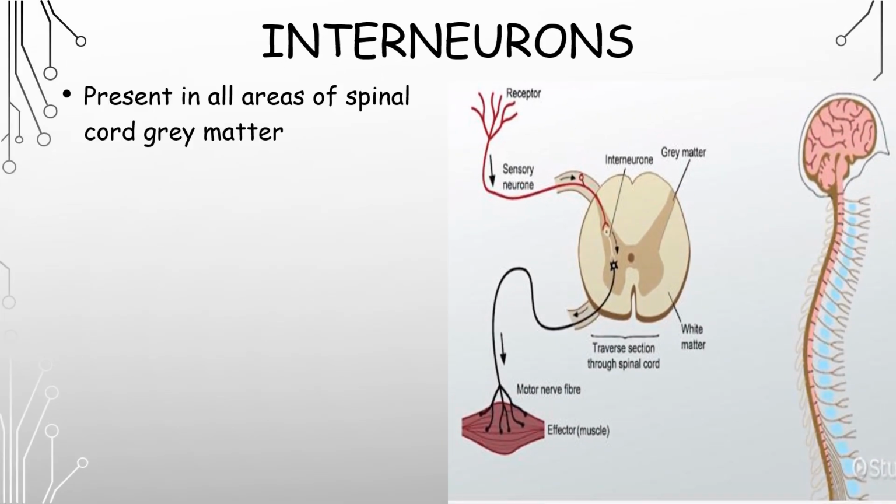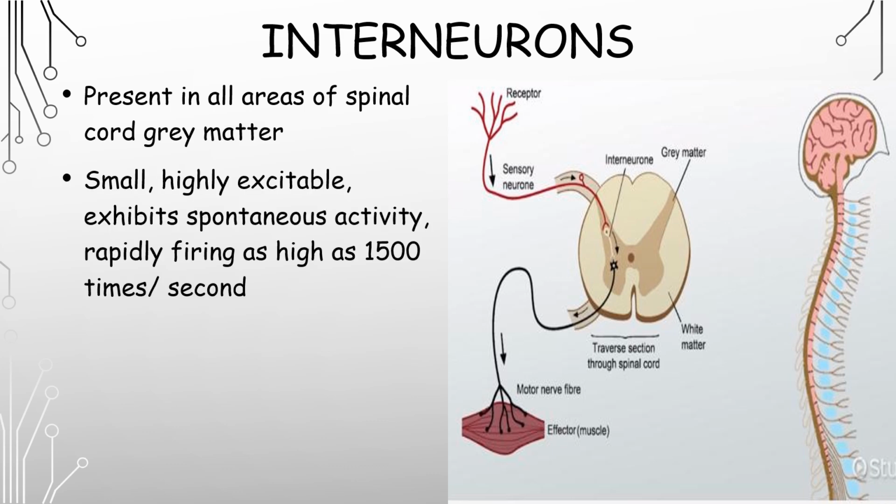Interneurons are present in all parts of the spinal cord gray matter. They are small and highly excitable. They exhibit spontaneous activity, firing as rapidly as 1500 times per second.